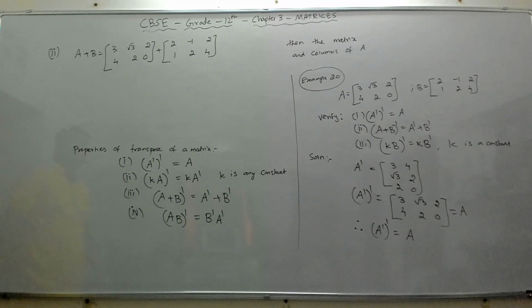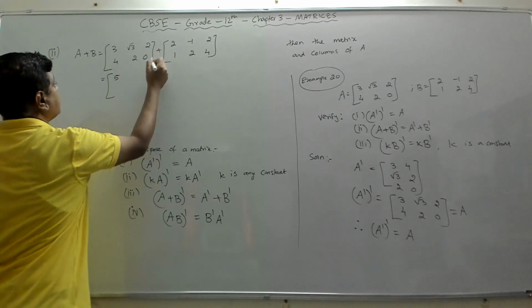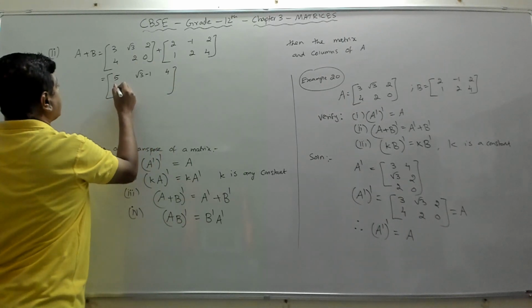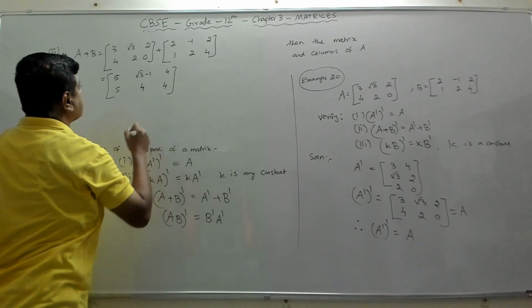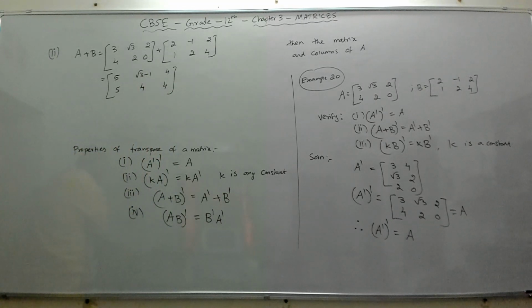Fine. Now let's add them. That will become 3 plus 2 is 5, root 3 minus 1, 2 plus 2 is 4, 4 plus 1 is 5, 2 plus 2 is 4, 0 plus 4 is 4. So this is your A plus B matrix.